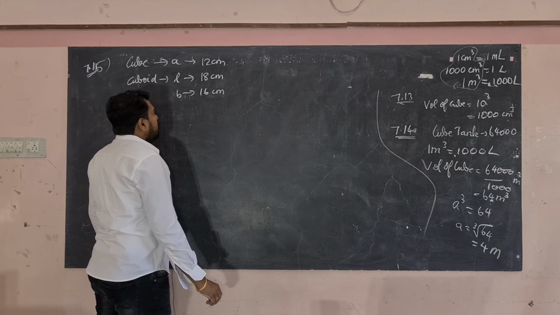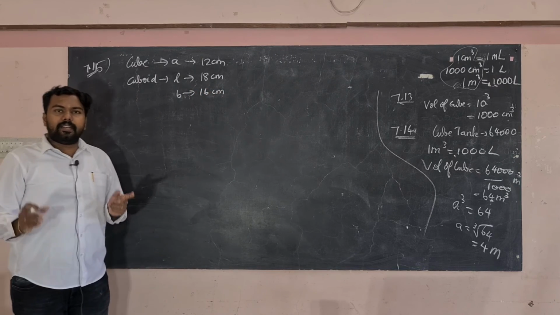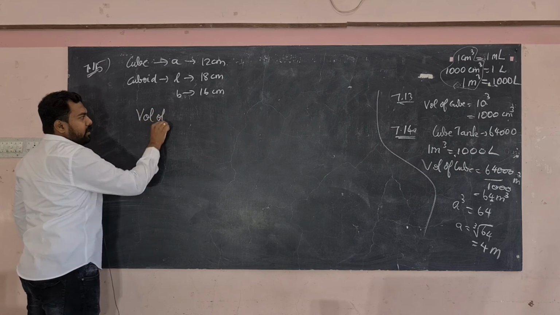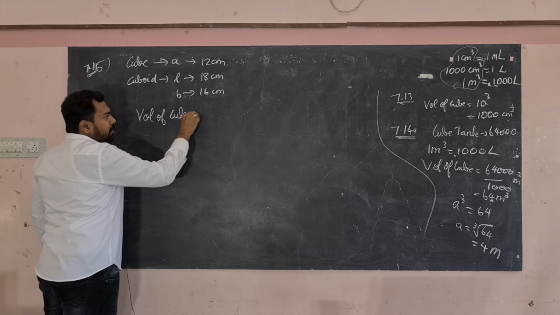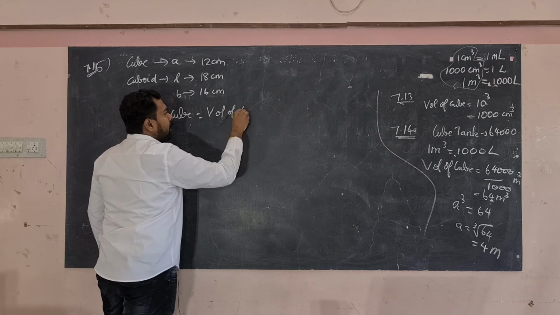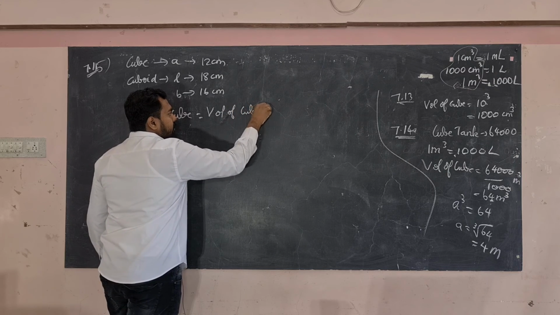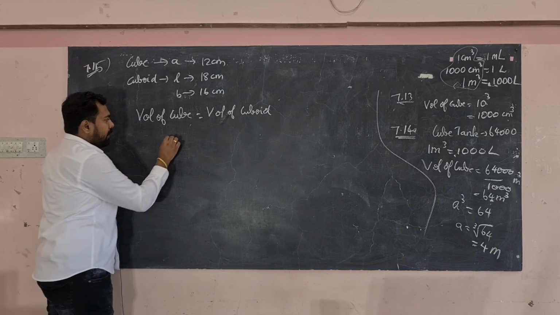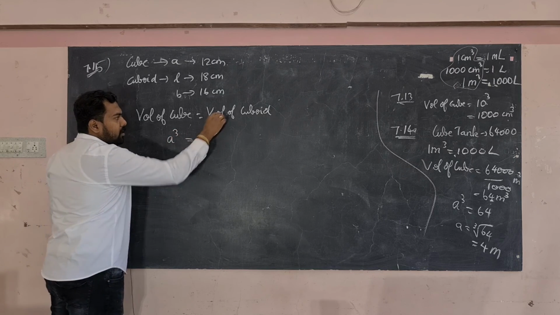Okay, so what is the concept which you need to remember first? The cube is melted into cuboid, so the volume of cube is equal to volume of cuboid. What is the volume of cube? It is a cube. What is the volume of cuboid?